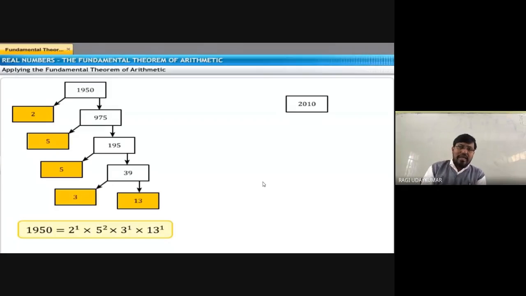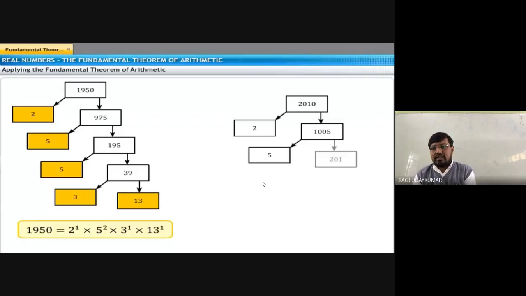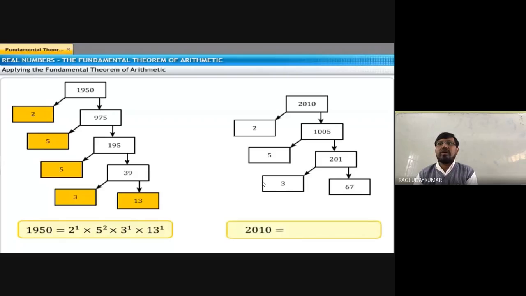If you want to find the LCM and HCF of these two numbers, first write the prime factorization of 2010. 2 into 1005, 5 into 201, 3 into 67. That 67 is a prime number, so you have to stop. So 2010 is 2 into 5 into 3 into 67.